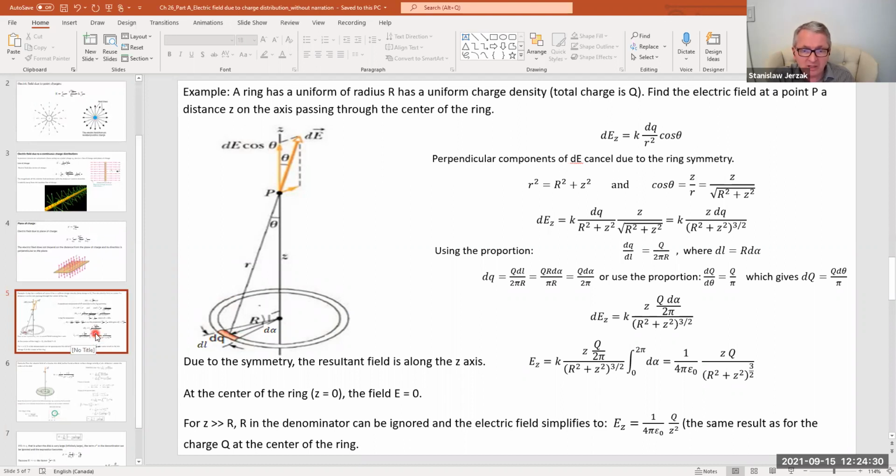I should say on Friday, and you will see that in the tutorial notes, which I hope you will review before Friday. In the tutorial notes, I will be calculating the force exerted by a ring of charge on the charge Q0 located at point P. The calculations will be very similar to the calculations on this slide where I calculate the electric field.